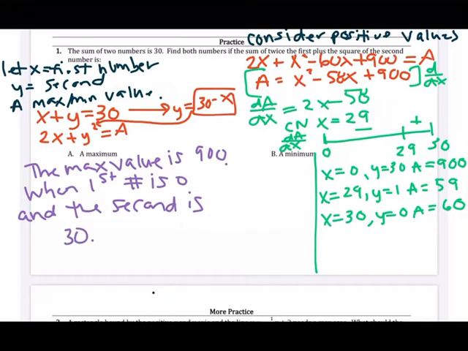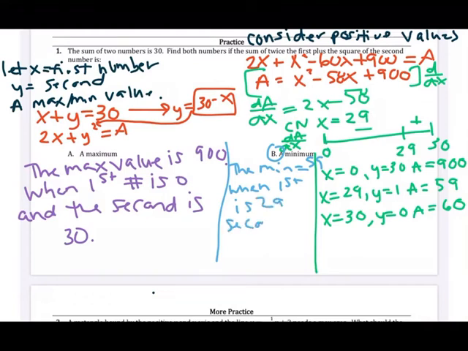And then for part B, which I'm going to just try and squeeze right here, the minimum is 59, and that occurs when the first number is 29 and the second number is 1. So let's go ahead and look at a couple more examples.